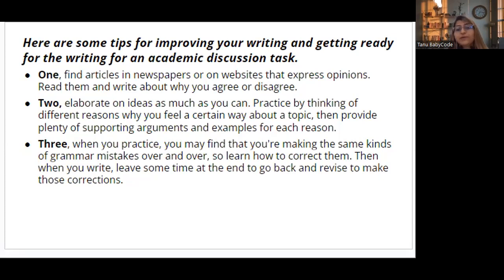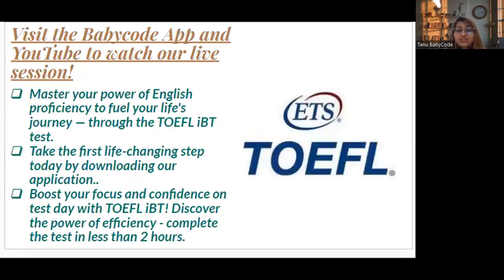Third, when you practice, you may find out that you are making the same kind of grammar mistakes over and over. Learn how to correct them. Then when you write, leave some time at the end to go back and revise to make those corrections. In this way, you can improve your writing skills and get ready for the academic discussion task.